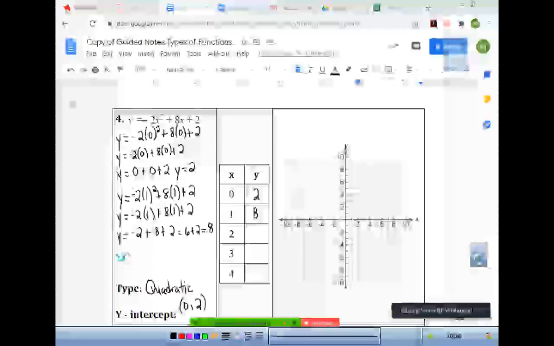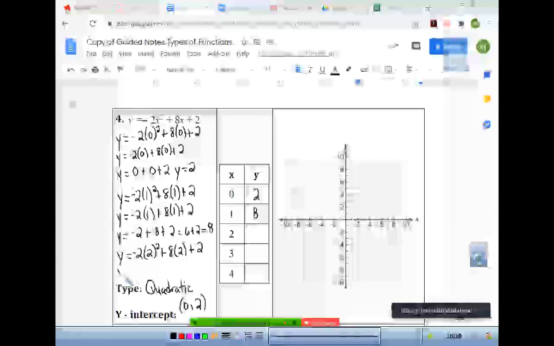And next we're going to go with 2. You go ahead and start trying to do 2 while mine stops freezing. Okay, so now we're doing 2. So 2 in for my x's. And so we start with our exponent.